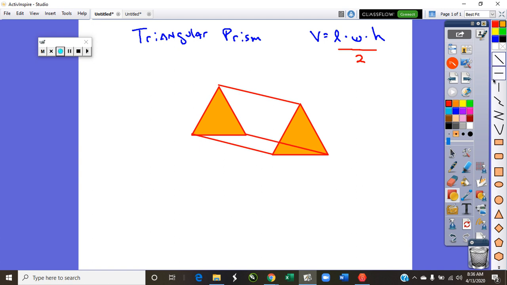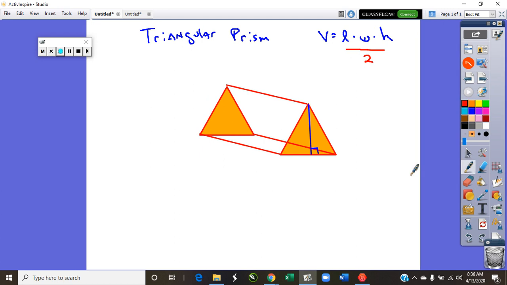And this is actually going to have a height here, so I'm going to give this some dimensions. Let's say this has a height. And again, height is determined by a right angle. Looks very confusing, but this is actually not hard at all. Let's say that this was 12 centimeters. Let's say this is 6 centimeters. Let's say this is 8 centimeters.